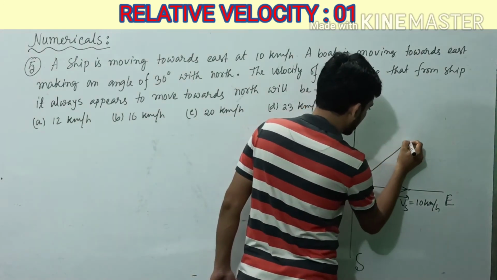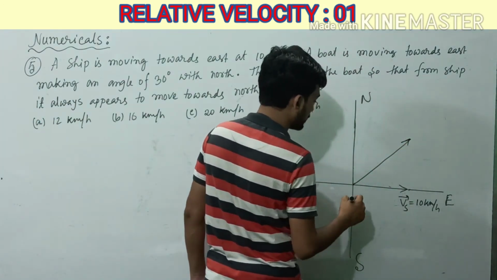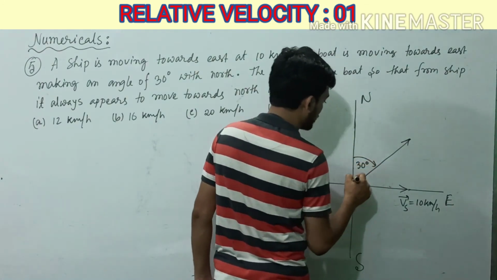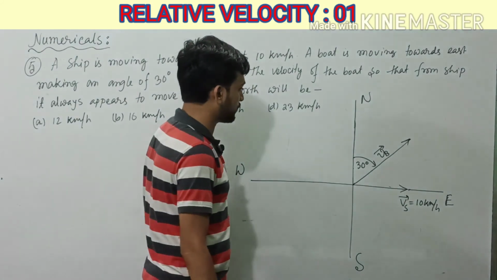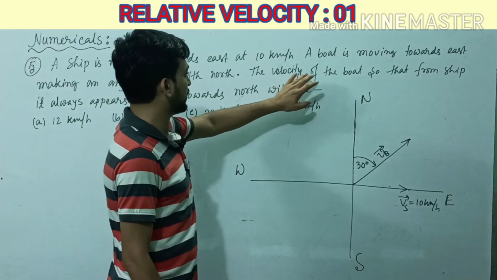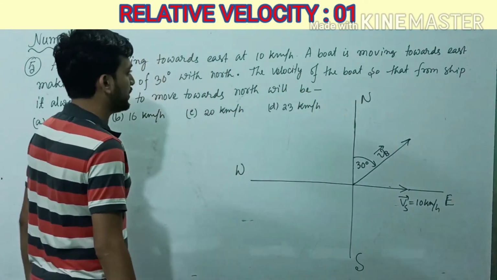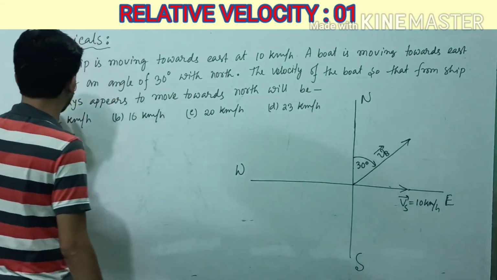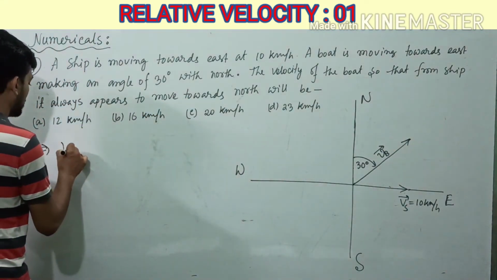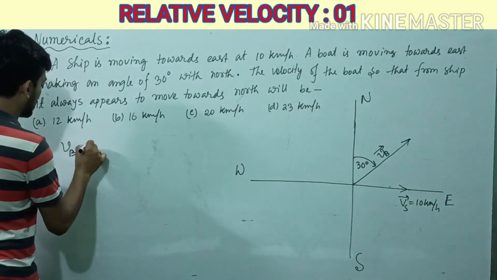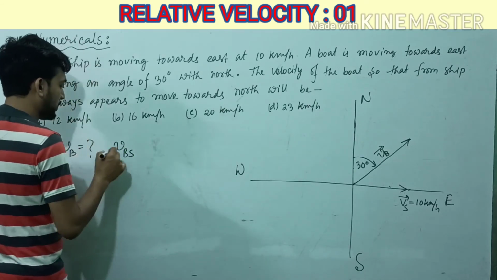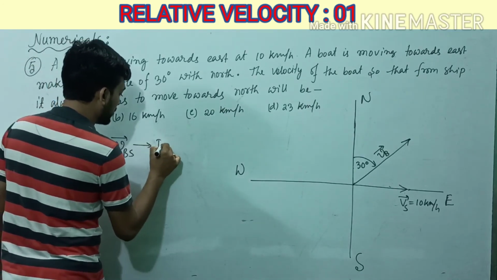So this will be the direction of velocity of the boat, and it will make an angle of 30 degree with respect to north.